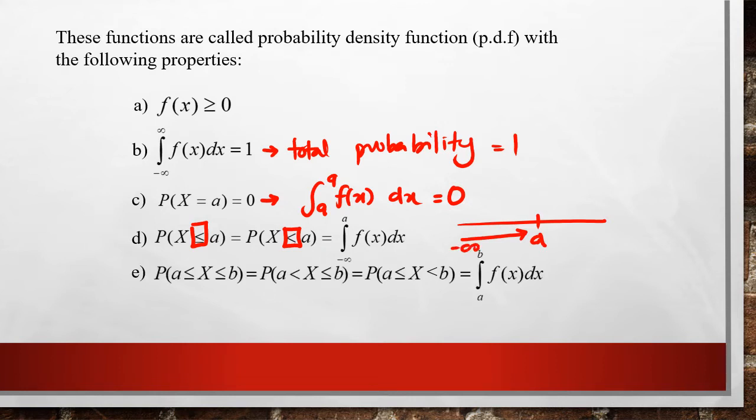Okay, and then lastly, probability of x between a and b, with b inclusive, or a inclusive, is the same as the integration of f of x with respect to x from a to b. Okay, the notation of inequality, it doesn't matter with the equal sign. We have the equal sign or not, it doesn't matter.